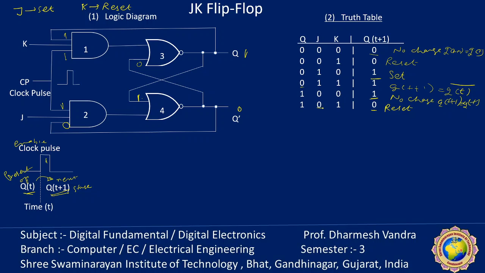The value of J is 0 and K is equal to 1. In gate number 1, all three are 1. If any one input is 1, the result is changed to 0. And this 0 will reflect here. 0 plus 0, it will become 1. So this is 1 plus 1, 0. It's a stable state and the next state is called reset.